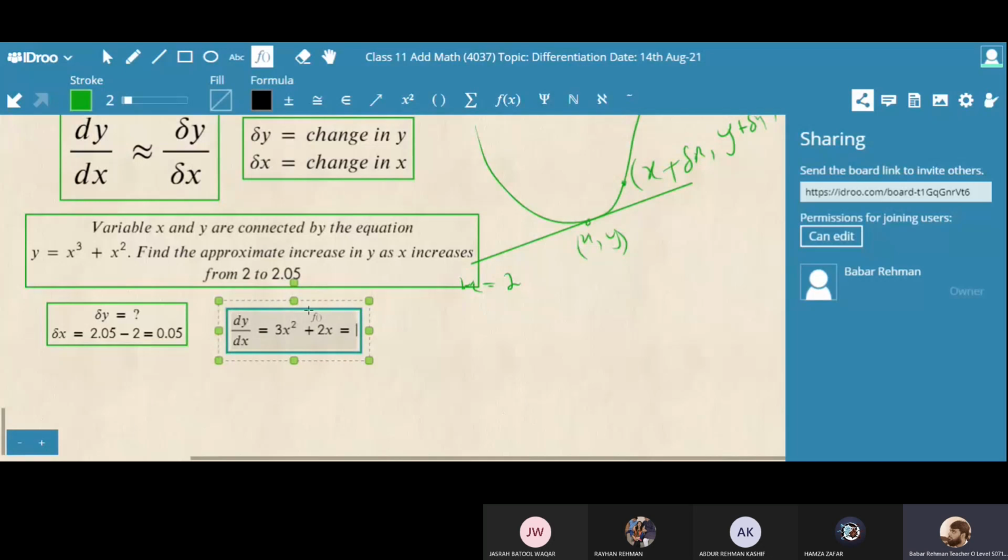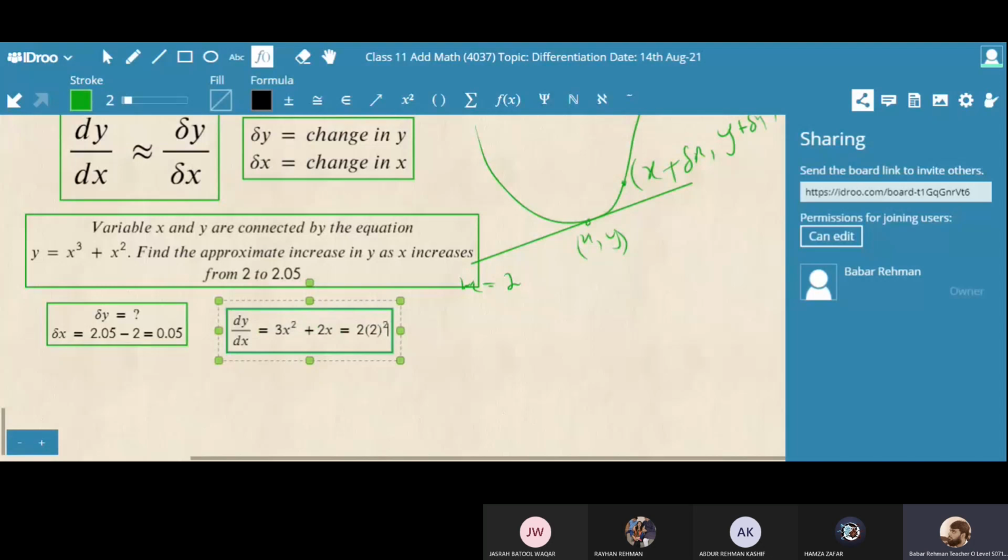That is 2. So we will put the original value 2 here. Why am I using 2, not 2.05? The reason is I am finding dy by dx, not the approximate change here. I'm finding the original derivative.